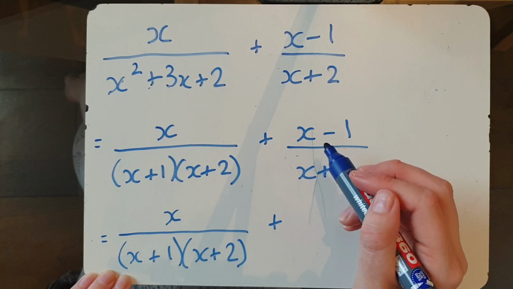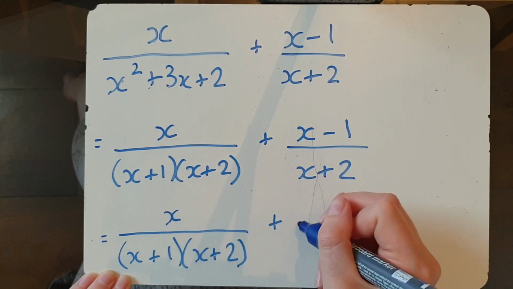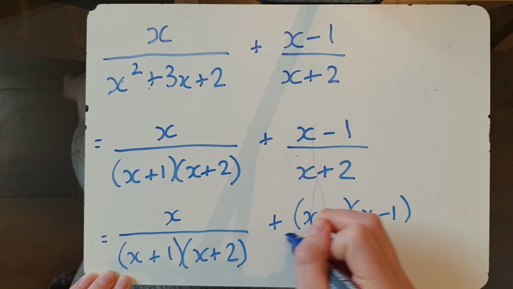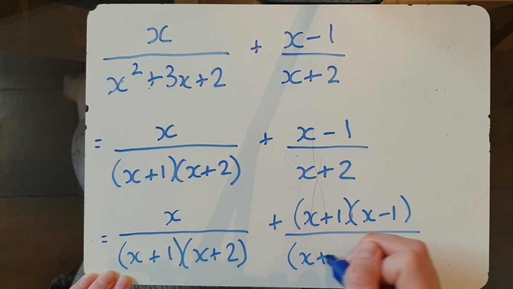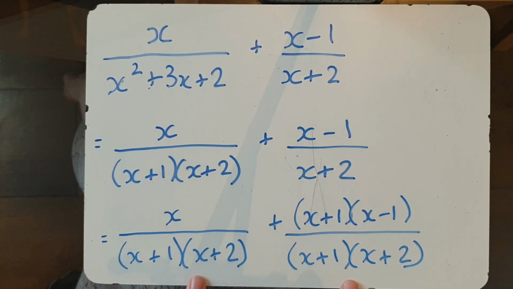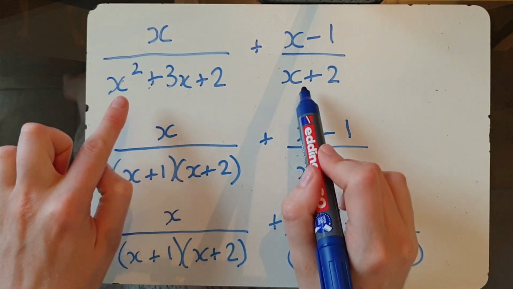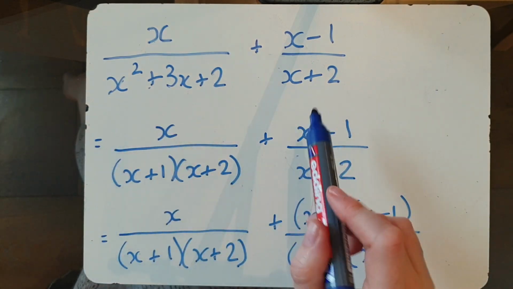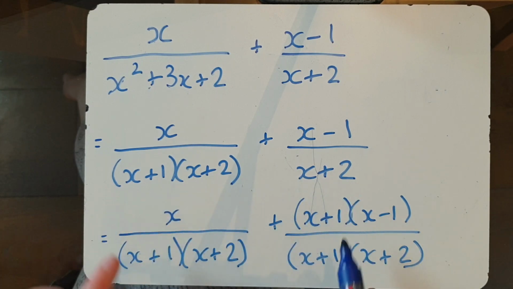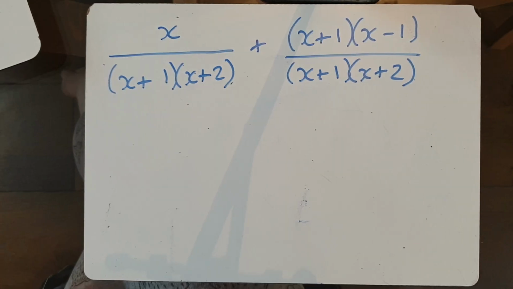This fraction, I multiply top and bottom by x plus 1. And now both fractions have the same denominator. So I didn't need to multiply the two denominators together. I just needed to identify what extra factor I needed to multiply by to get them over the same denominator, and that's where I've got to.